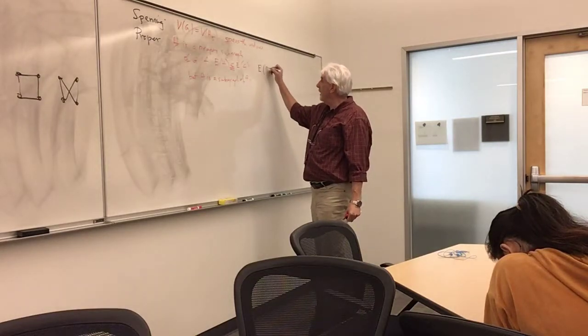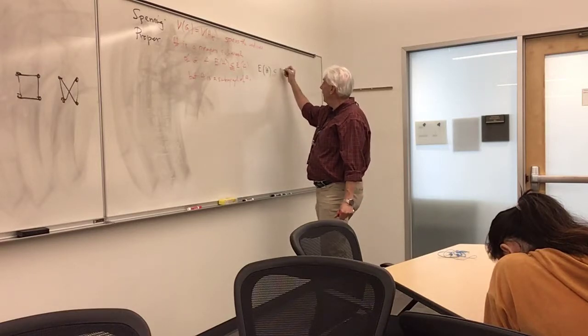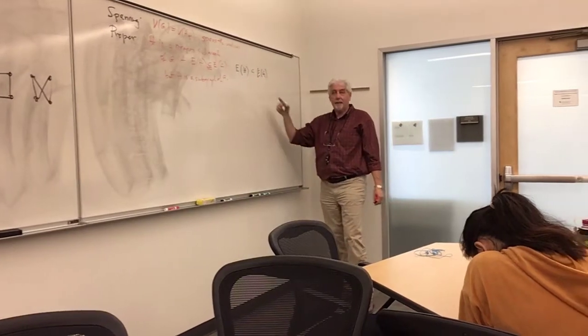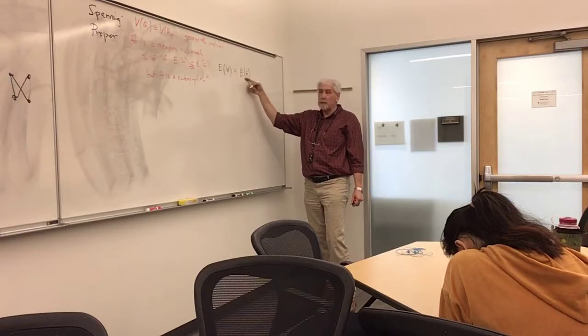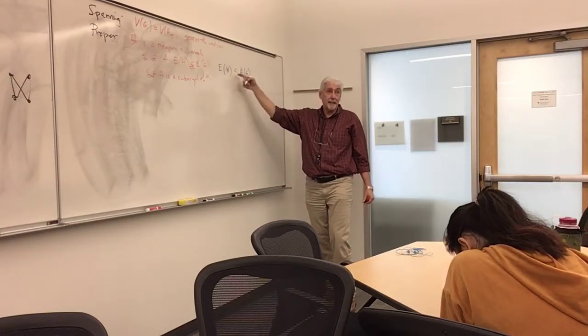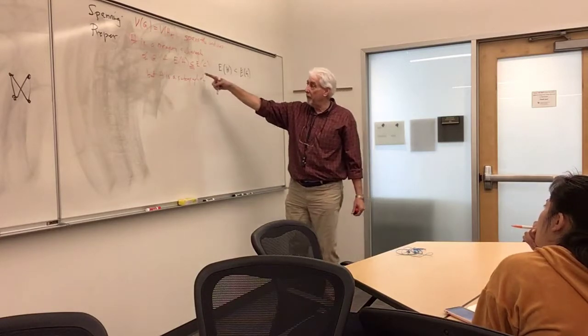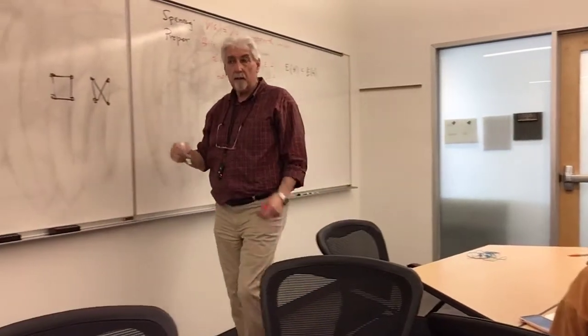E of H being a subset of E of G, without the line underneath, just says that the edges of H are a subset of the edges of G. It doesn't say that it's not equal to the edges of G. So somehow we have to distinguish that, so I use this not equal to. There may be other ways.